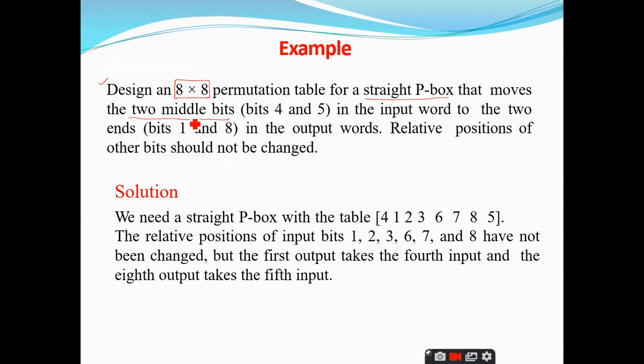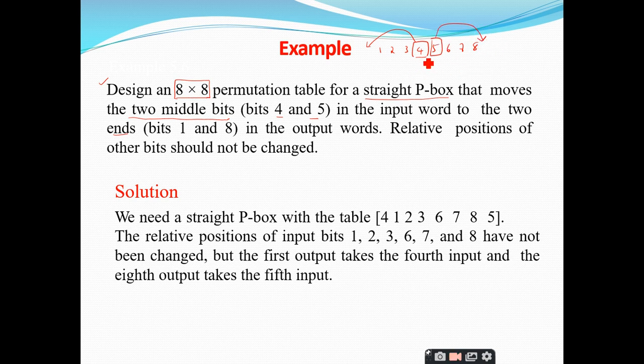That moves 2 middle bits, which are 4 and 5, in the input word to the ends. So out of these 8 inputs, 1, 2, 3, 4, 5, 6, 7, 8, what is he saying? The 4th bit and the 5th bit, which are the middle bits, are thrown to the 2 ends. So 4 is thrown to the first end and 5 is thrown to the last end, right?